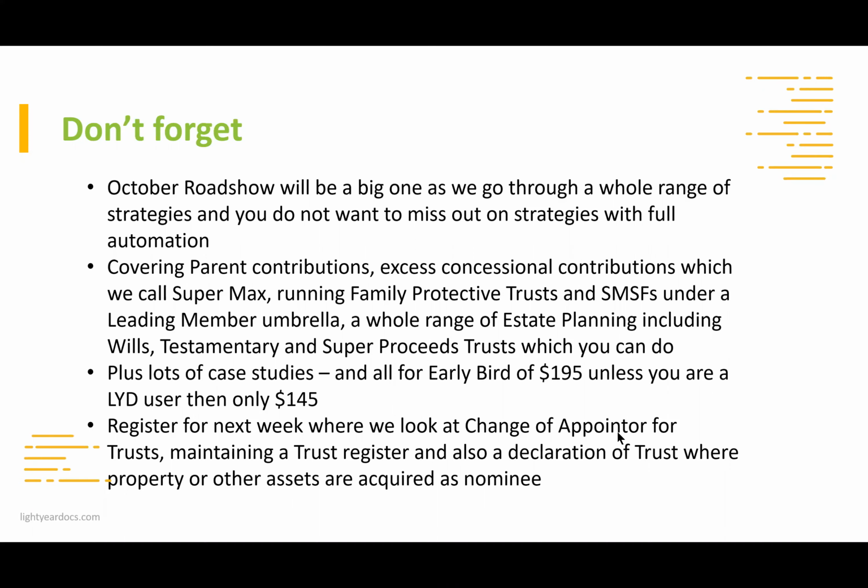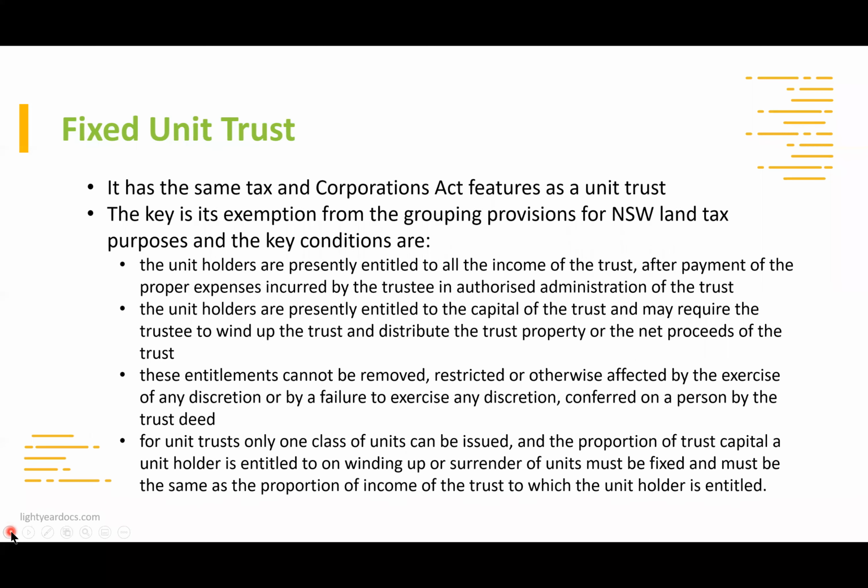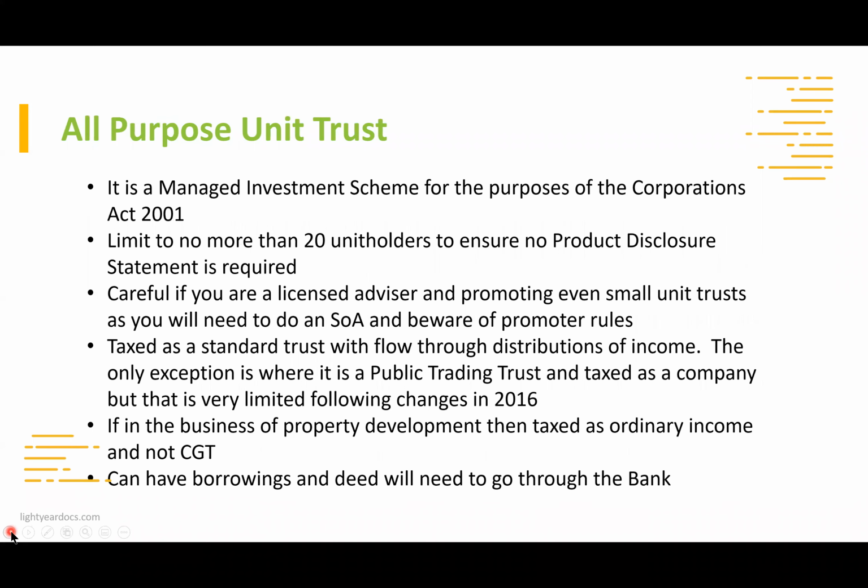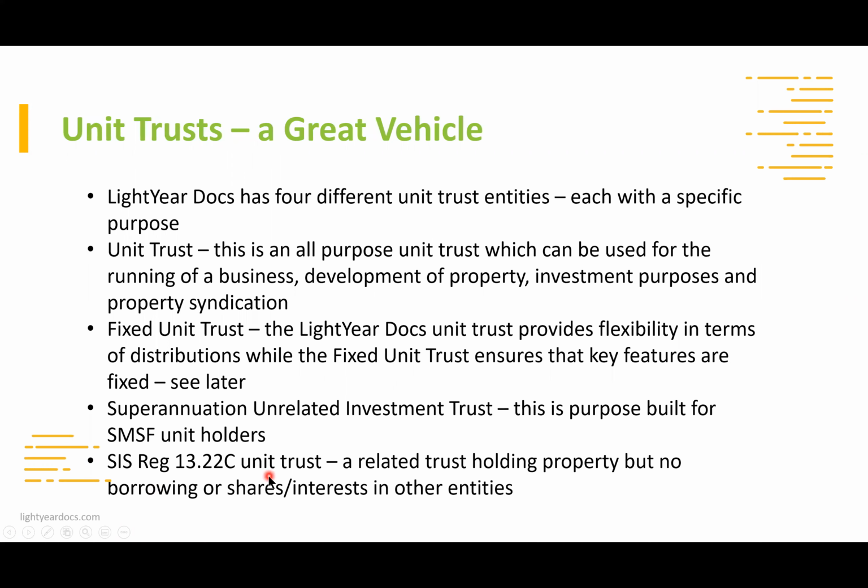The exception to the rule is, can we make that unit trust, if I go back here, a 1322C trust, because business real property is excluded as one of the exemptions under the 1322C trust. But we've got to get rid of our borrowing in that trust, if that's the case. If we go above it, then we're caught unless we can go to 1322C.